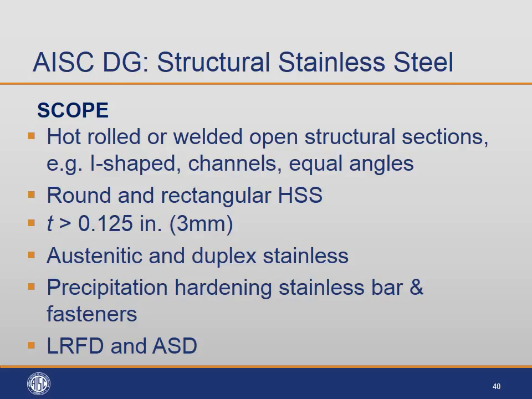The design rules are applicable to austenitic and duplex stainless steel, but also for precipitation hardening stainless steel for the bar, tension bar and fastener applications. And the rules are presented in both the LRFD and ASD design philosophies.